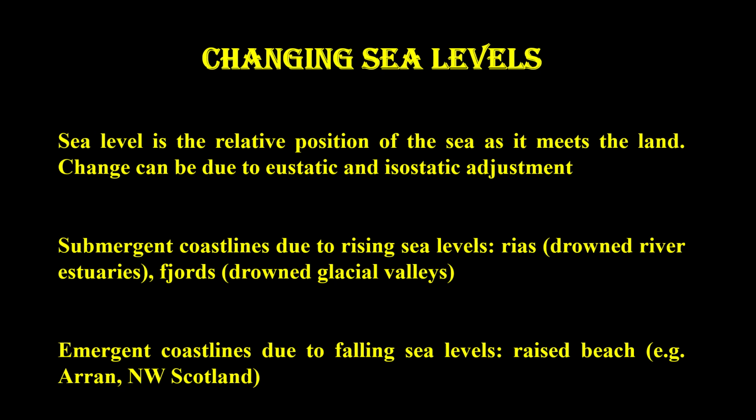Submergent coastlines are due to rising sea levels. These two terms are there, which mean drowned river estuaries, and drowned glacial valleys, rivers and fjords.